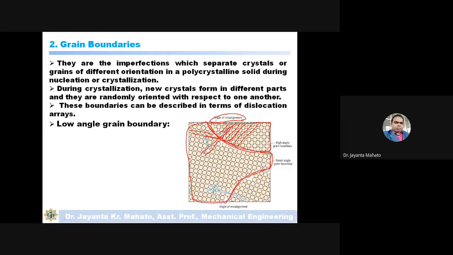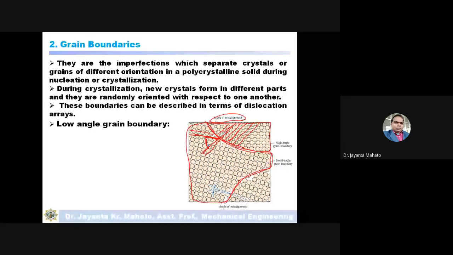So this angle of misorientation means the orientation of atoms in this grain and the orientation of atoms in this grain. So this misorientation angle is called the grain boundary angle.